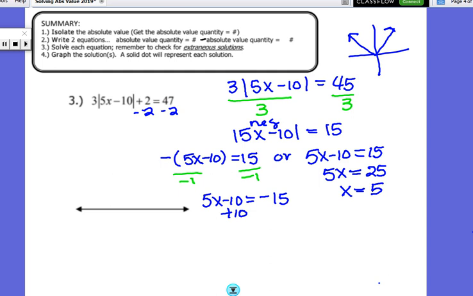I'm going to add 10 to both sides. So 5x is equal to negative 5. Now I'm going to divide both sides by 5. So x is equal to negative 1. So my two solutions, I'm going to check them in a minute, look to be negative 1 and 5.